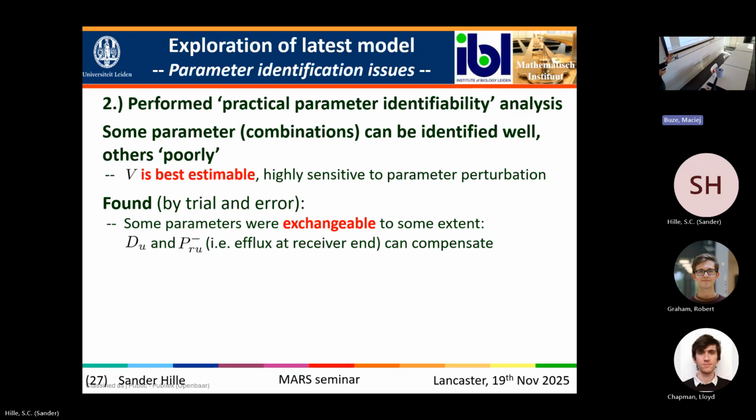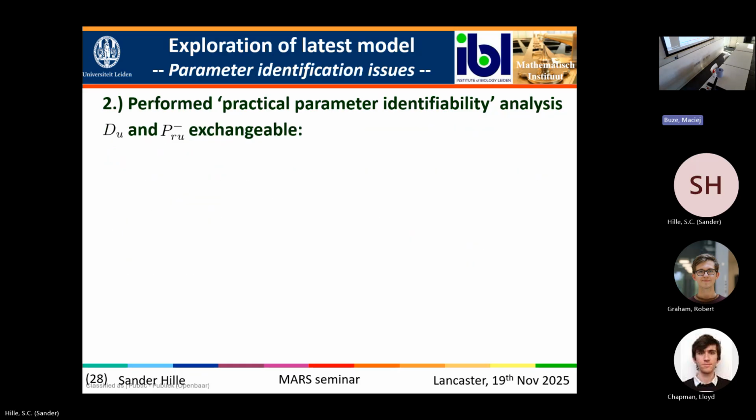And usually you find that by doing non-dimensionalization of the model, and then you get quite a lot of information. But for these two parameters, it's not so important what they precisely are, but it was not apparent from non-dimensionalization, but by playing with the model, we found that you could interchange them.